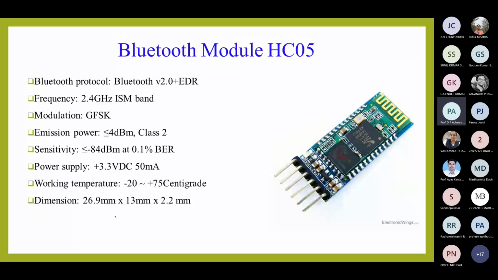The modulation it uses is GFSK, Gaussian frequency shift keying. Emission power is less than 4 dBm. Its power supply is 3.3 V DC, 50 milliampere current draw, and working temperature is minus 20 to 75 degrees centigrade. Dimension is this. This can be used in many applications.